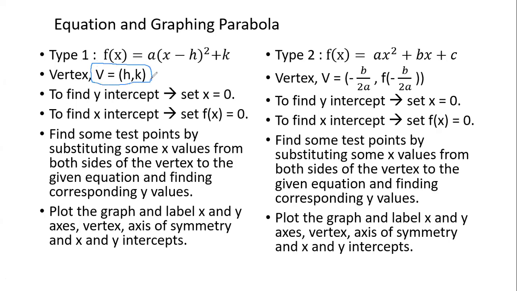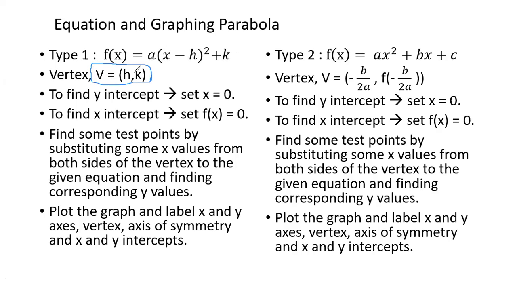If the question gives you the equation in this form, a(x minus h) square plus k, do not try to square this, then distribute and simplify it to ax square plus bx plus c.